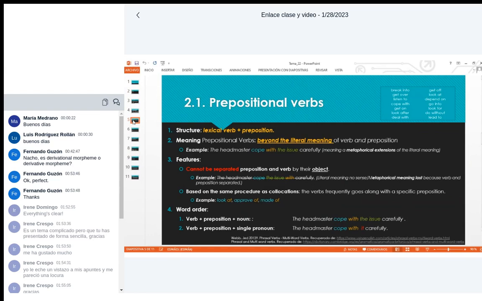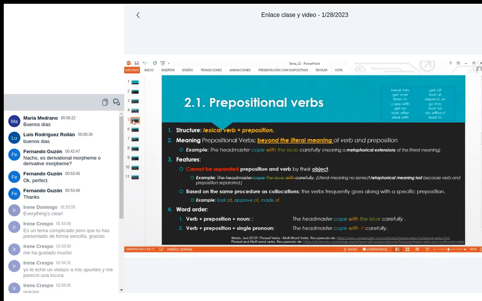For example, if I say the headmaster coped with the issue, cope means to deal with the issue, and it needs the preposition with. Now here, the preposition with is not changing the meaning of the lexical verb. It's not affecting the meaning of the verb, but the verb really needs this preposition to make the sentence correct. We could not say the headmaster coped the issue.